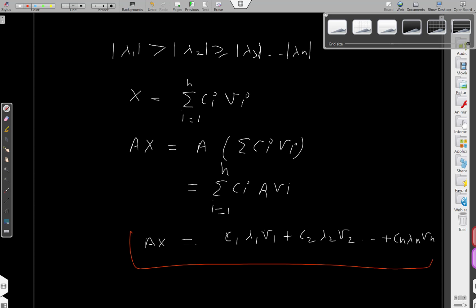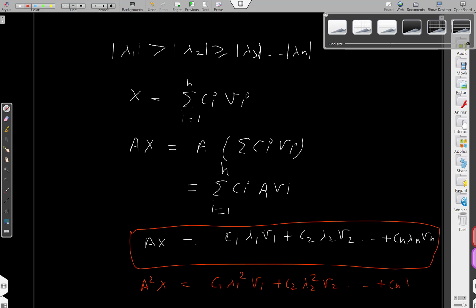Now if we operate A again on this equation, then we get A squared x equal to c1 lambda 1 squared b1 plus c2 lambda 2 squared b2 and so on, plus cn lambda n squared bn. Now we will continue this process. So what are we getting?